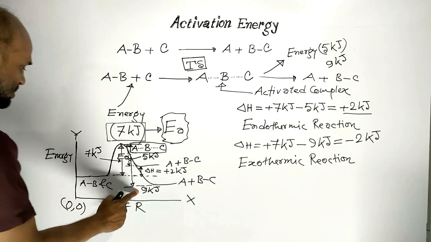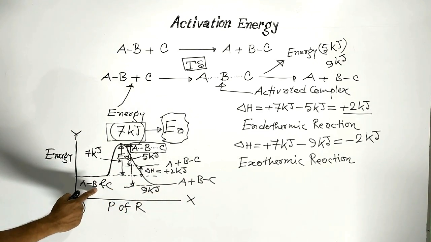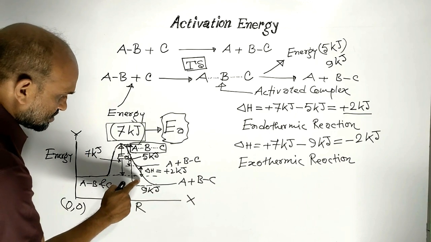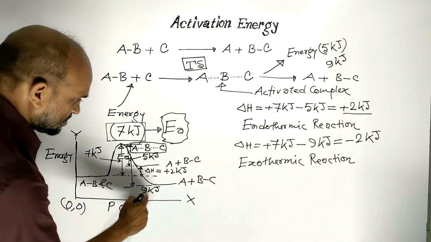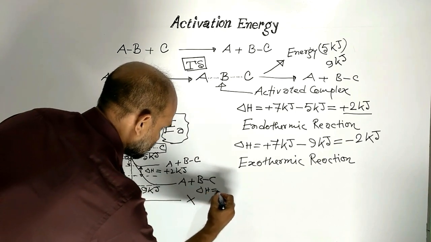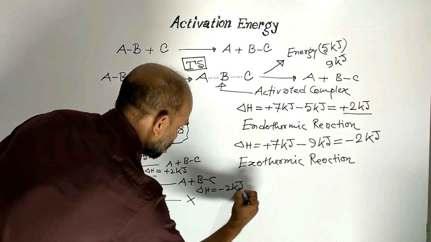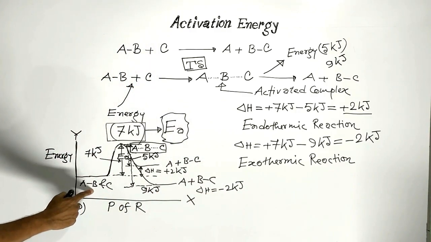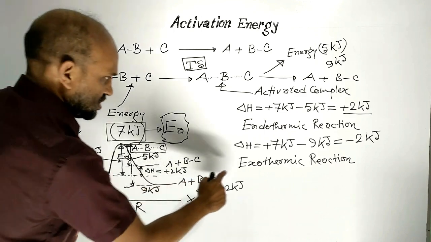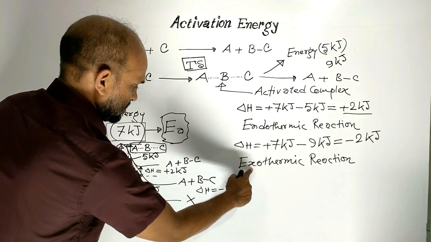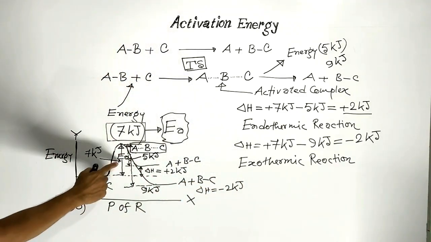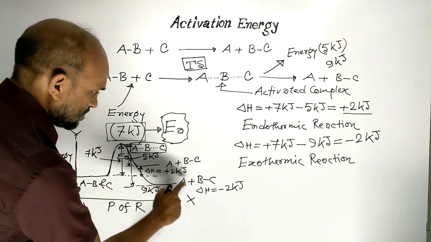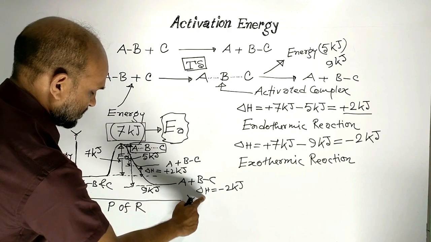That is, here the reaction absorbs 7 kilojoule heat, but it releases 9 kilojoule heat. It means it releases 2 more kilojoule heat. In this case, this reaction will be called exothermic reaction. That is, we learned here activation energy, endothermic reaction, and exothermic reaction.